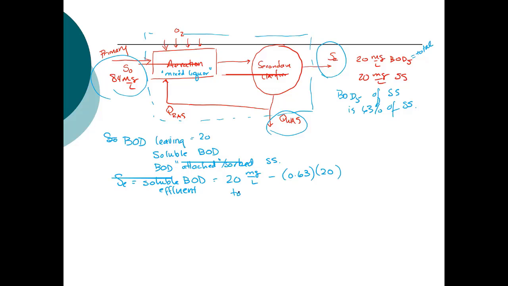So this is the total, and this is associated with suspended solids. And that is equal to 7.4 milligrams per liter. So this is S sub E. This here was given as the soluble BOD, so S sub 0 is soluble BOD. Does that make sense?